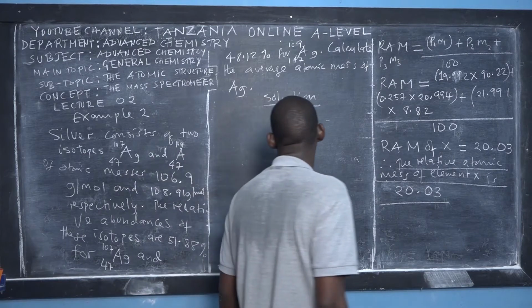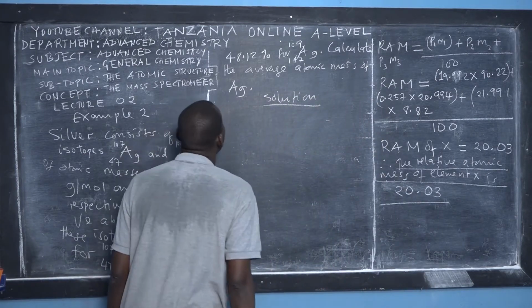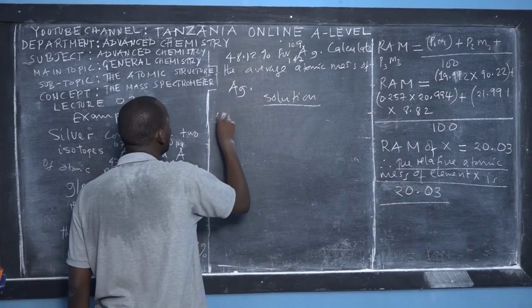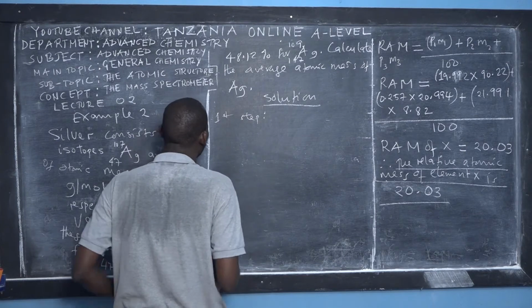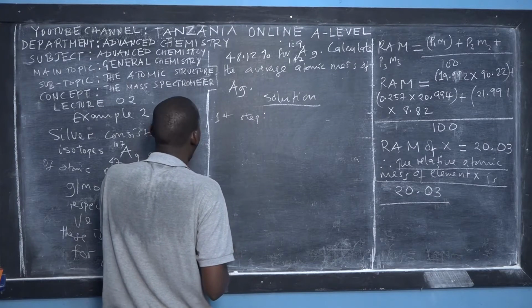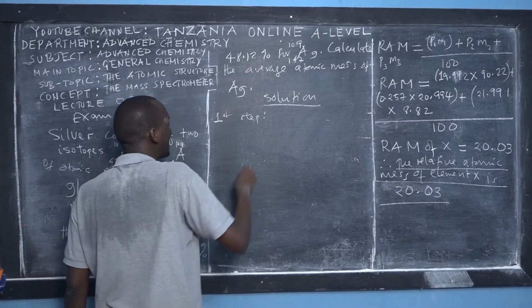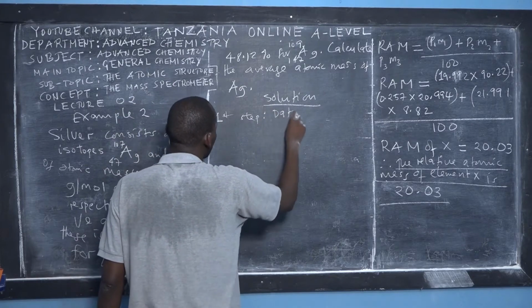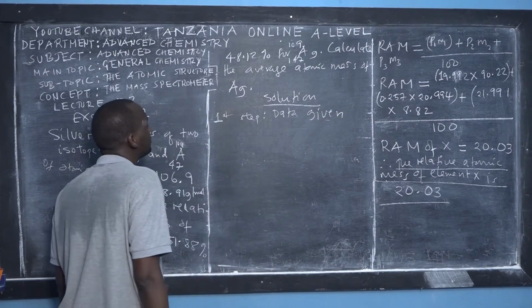You have two silver isotopes as the question has stated. The first step is the data given, this is the data given below there.